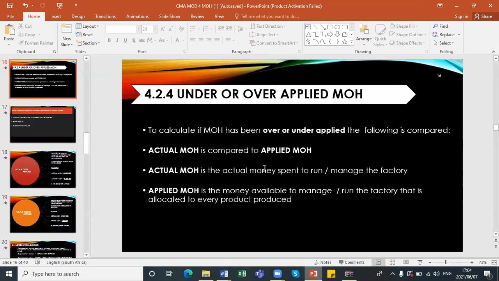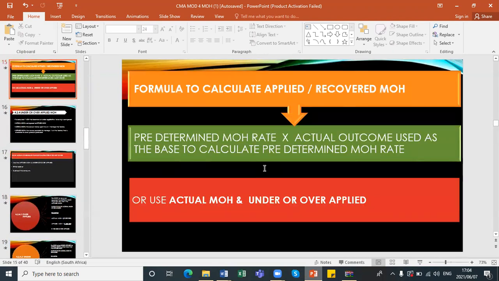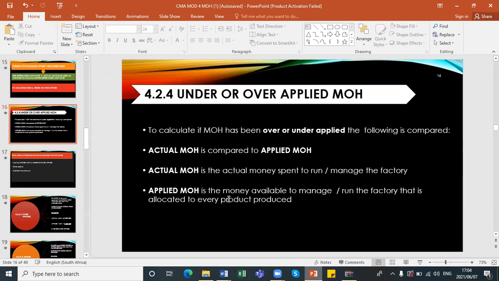Now, the best way to explain this to you is in an activity. Like I said, with under and over applied, there's two formulas to calculate applied overheads. You use the predetermined rate or you use actual overheads and the under or over applied.